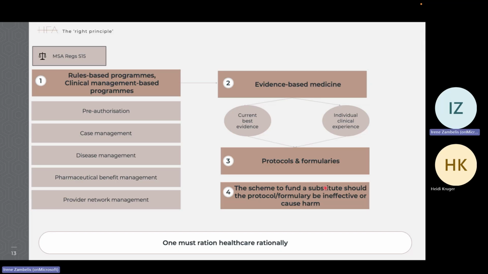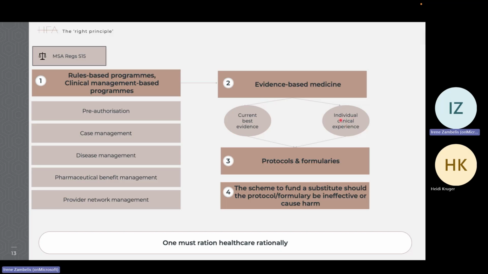And that's why it's so important that the doctor can submit a medical motivation. Don't forget, Heidi, you want to cut costs. You want to be more cost effective without compromising quality of care.